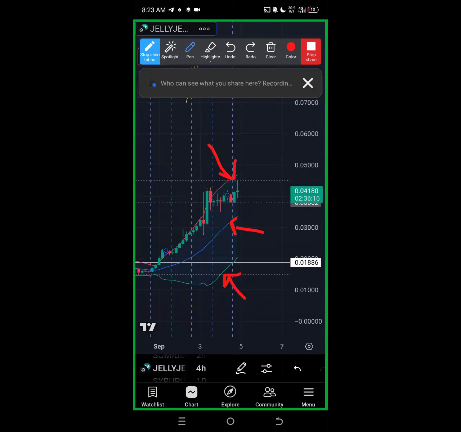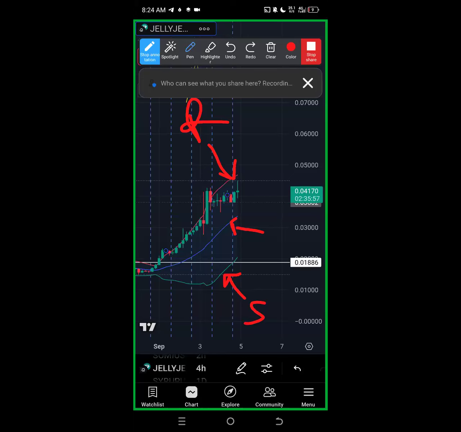Now, in simple terms, these bands also act as support and resistance, with the upper band acting as a resistance zone. It locates a resistance zone, and the lower band locates a support zone.